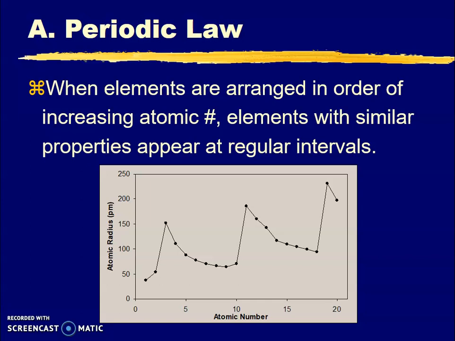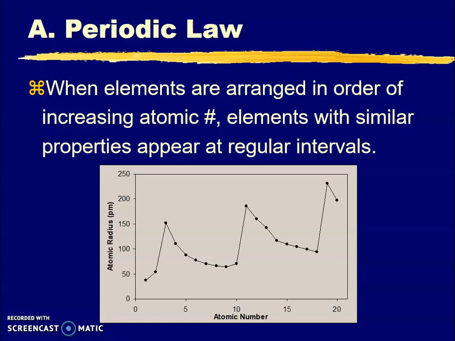And that work was started way back in the 1800s by Mendeleev. Mendeleev is the one who really started the work in organizing and really started the periodic table. He even left empty spaces on his periodic table for elements that they had not discovered yet, but he knew should exist based on this pattern.